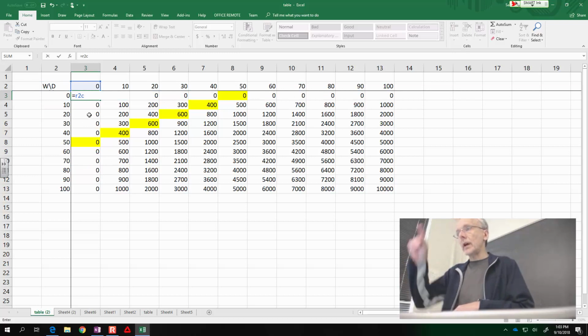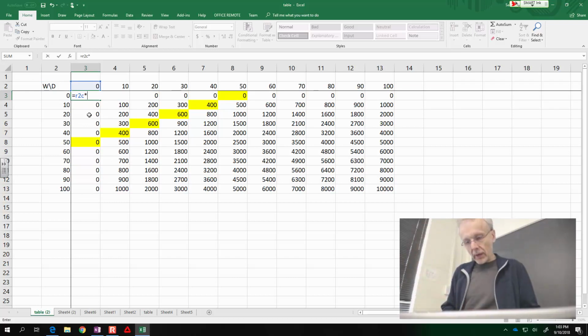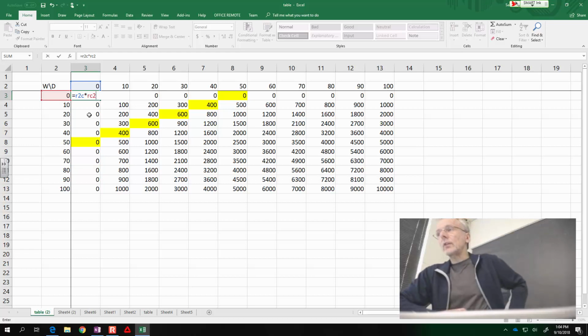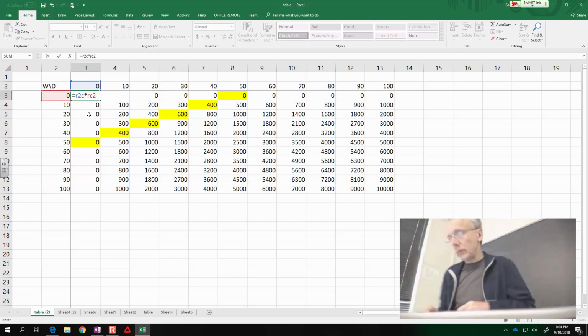That's the d value, the depth value, and the w value from the same row, column 2. I wasn't going to multiply; I'm going to add them.